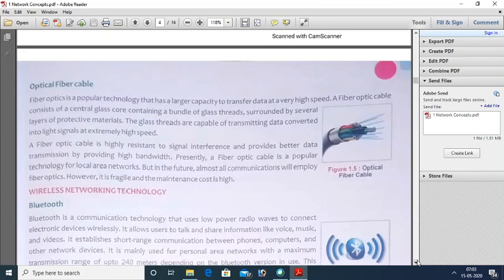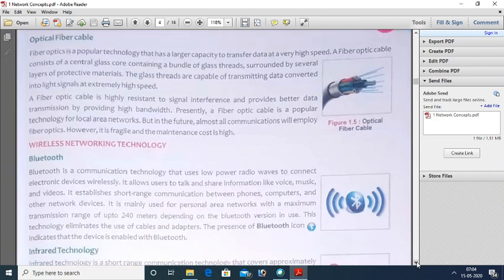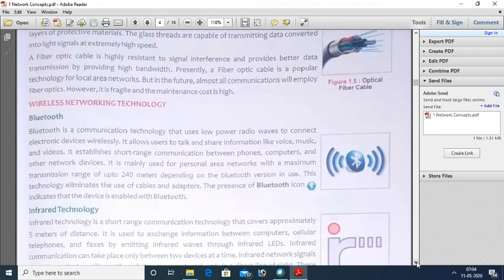Now we discuss wireless networking technology. Bluetooth. Bluetooth is a communication technology that uses low power radio waves to connect electronic devices wirelessly. It allows users to talk and share information like voice, music, and videos. It establishes short-range communication between phones, computers, and other network devices.